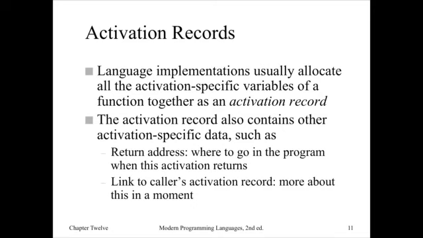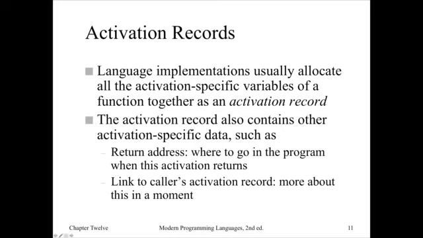But we create this activation record with everything else the function needs to live its life: the return address, where it has to go back to when it's done, all those kinds of things. So the activation record has all the variables, the return address, and a link to the caller's activation record, a link backwards to that activation record.